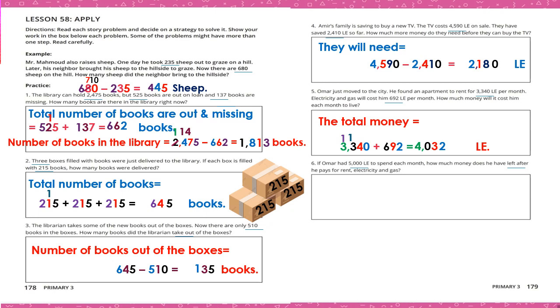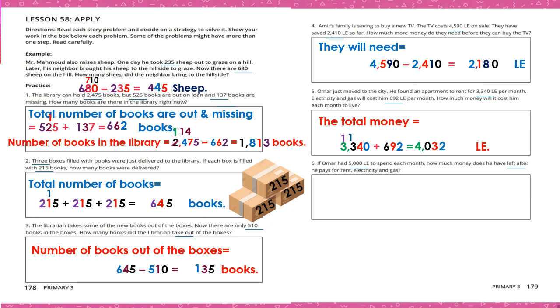The last one, number 6. If Omar had £5,000 to spend each month, how much money does he have left after he pays for rent, electricity and gas? Okay, this story is related to the previous story, number 5.